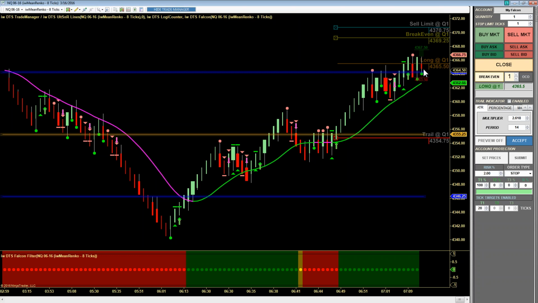If it doesn't start responding, I'm going to bring my stops in rather quickly, just because that's the nature of the day today. We get a little fade through the support line and then the market snaps back. Get a little fade through the resistance line. I don't want the market to snap back on me.